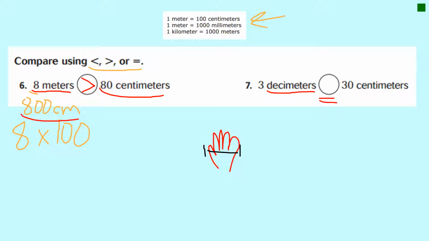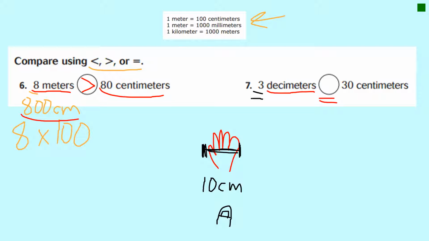Okay, and I told you that 10 of those makes a meter, and that deci means 10, right? So 1 decimeter is made of 10 centimeters. Remember, the centimeter is your little pinky. Across your pinky is a centimeter. So a decimeter has 10 centimeters in it.